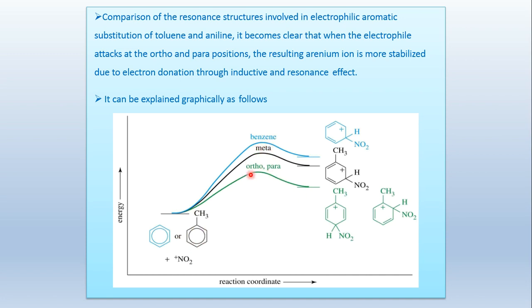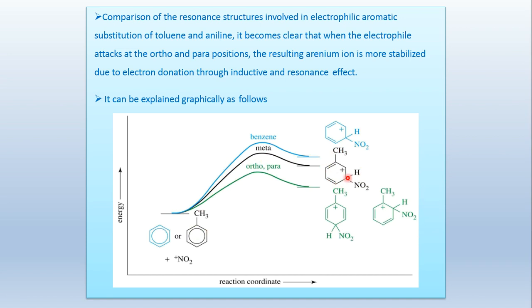Now we can compare this meta and ortho-para attack on toluene. We know that ortho-para attack is more favorable in case of toluene because it contains an electron donating group, the methyl group. So if the nitronium ion attacks at the ortho or para position, then we get more stable intermediates or sigma complex. But in case of meta attack, we get a somewhat higher energy intermediate.